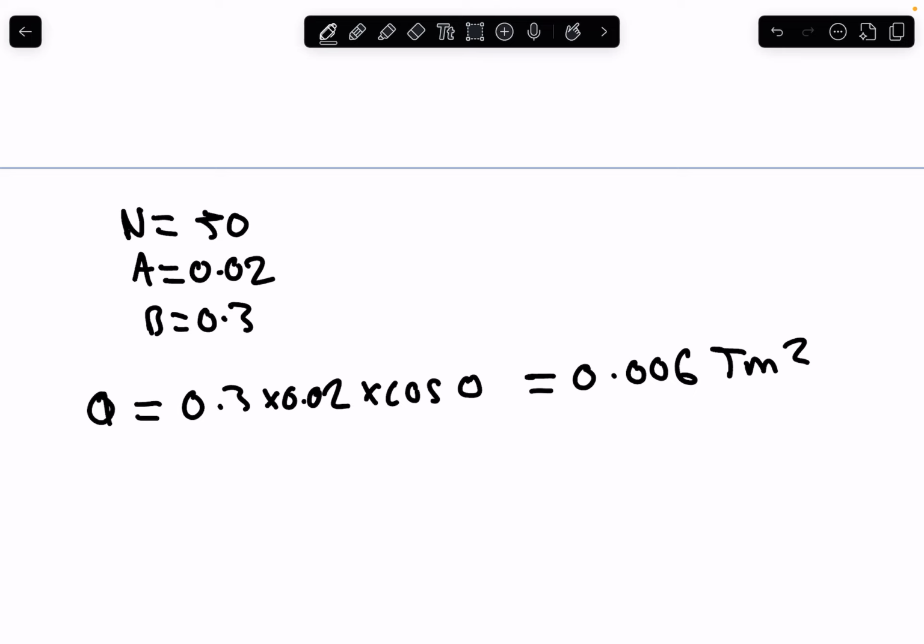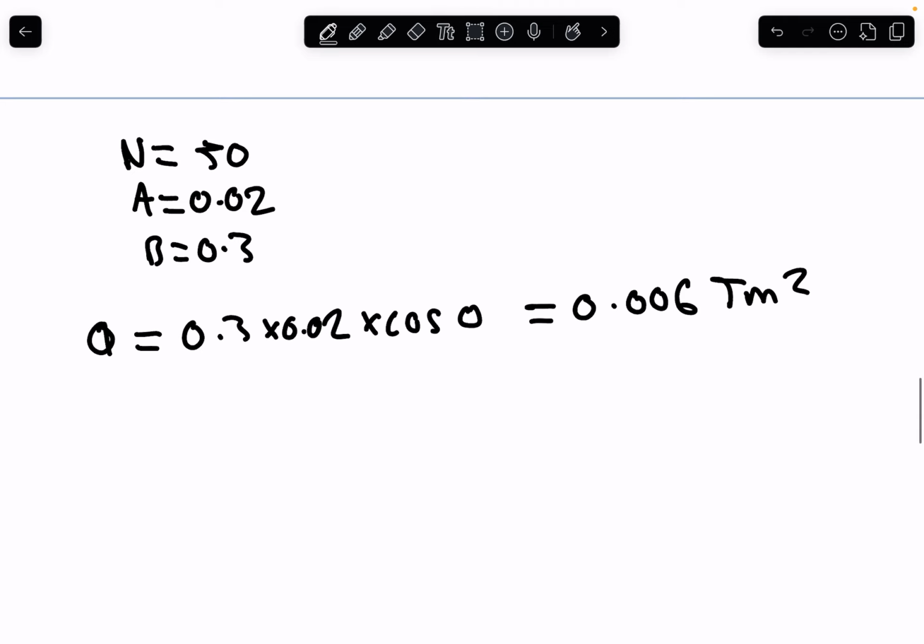If the magnetic field drops uniformly to 0 in 0.1 seconds, calculate the magnitude of the induced EMF in the coil. What does it mean to drop to 0? It means that it's rotated theta equals 90 degrees, or pi over 2.